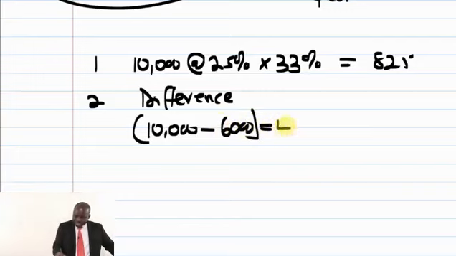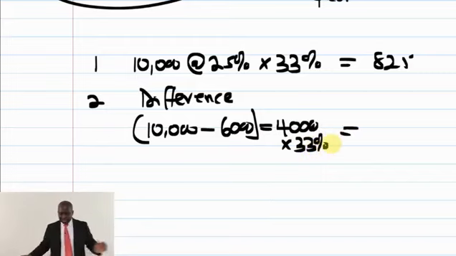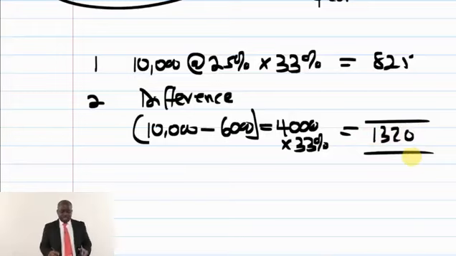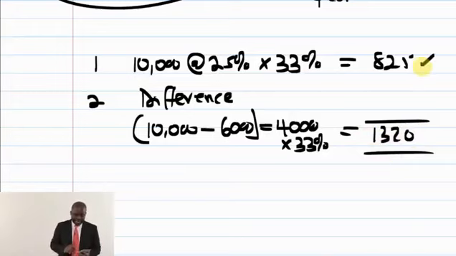It means you technically incurred 4,000, and the benefit you get totally is at 33%. So 4,000 times 0.33 gives you 1,320. And if you have claimed this in year 1, then the remainder should be claimed in year 2.